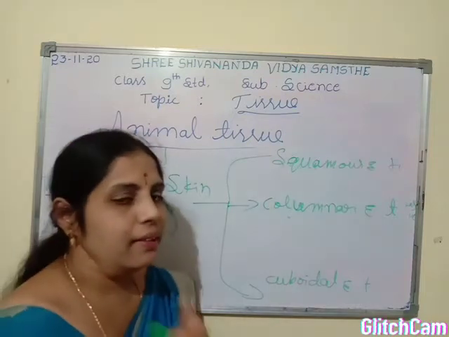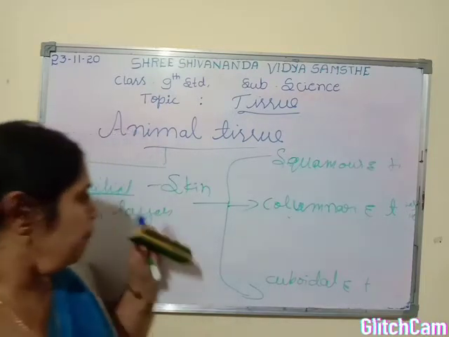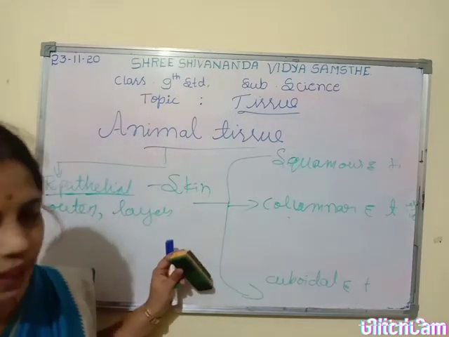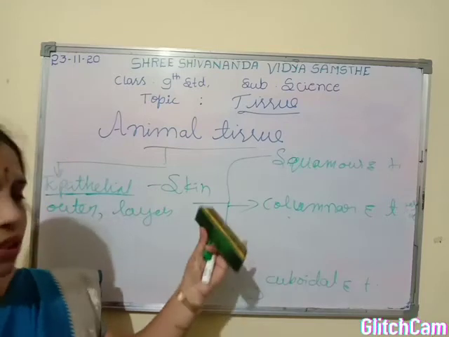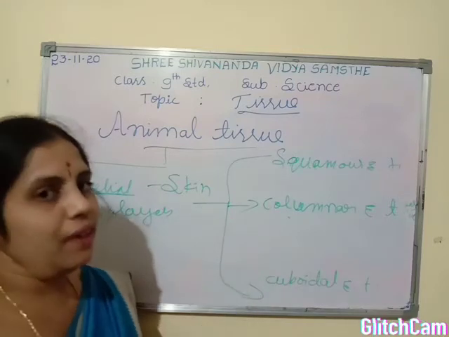What are the three types? Squamous, columnar and cuboidal epithelial tissue. Let us see their structure and their function.